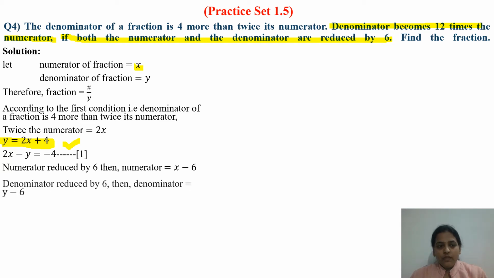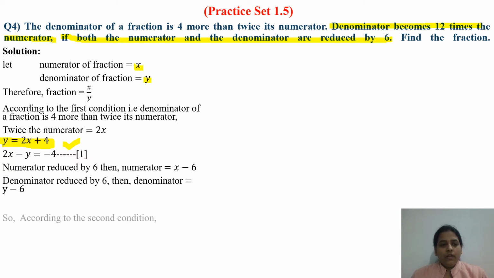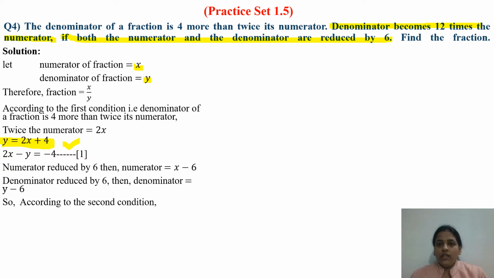Next, the denominator reduced by 6 is y minus 6, because the denominator is y. According to the second condition, the denominator becomes 12 times its numerator when both are reduced by 6. So y minus 6 is equal to 12 into x minus 6.